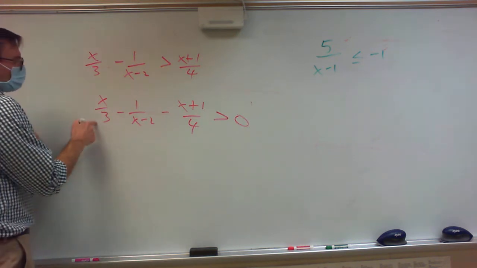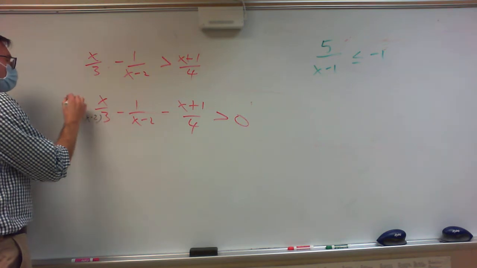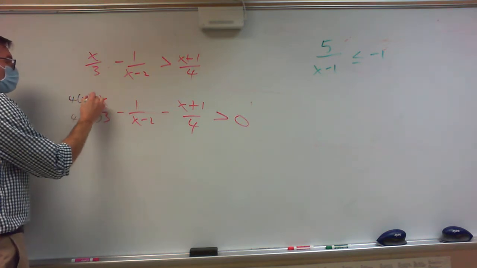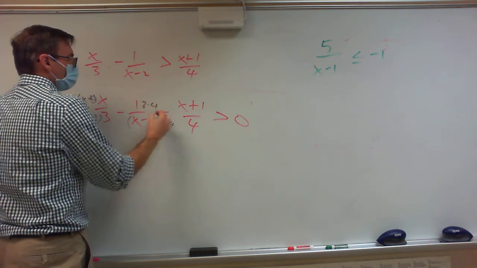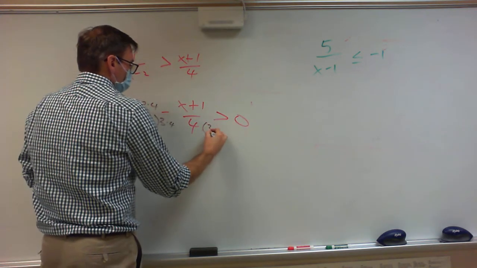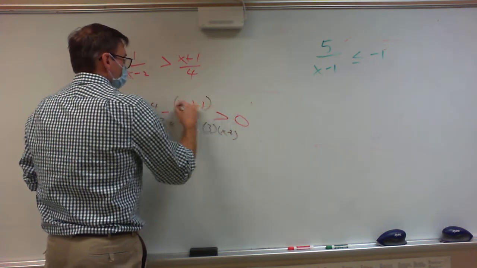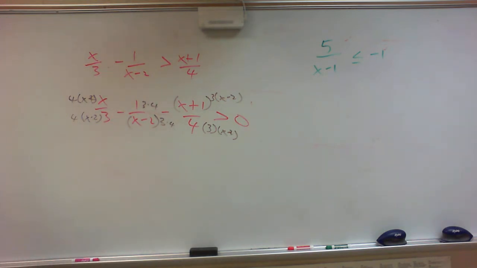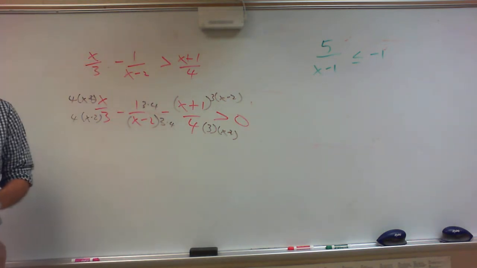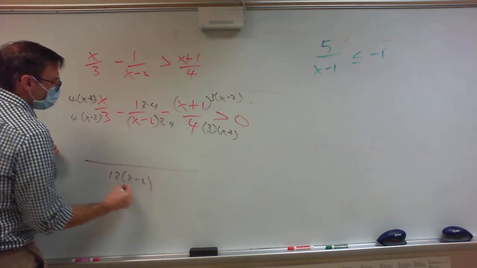So let's see. This one's going to need a 4 and an x minus 2, 4 and an x minus 2. This one's going to need a 3 and a 4, 3 and a 4. And this one's going to need a 3 and an x minus 2, and a 3 and an x minus 2. Okay? That way I can get all the denominators the same. So my denominator ends up being 12 times x minus 2.